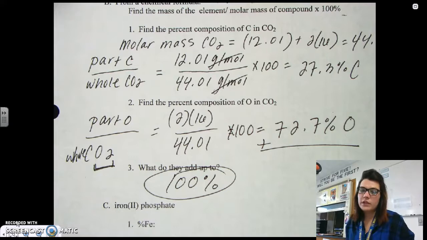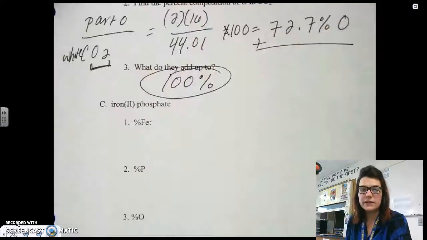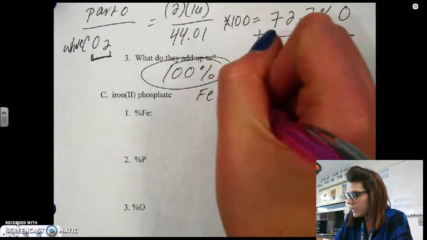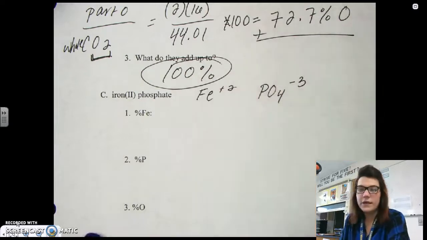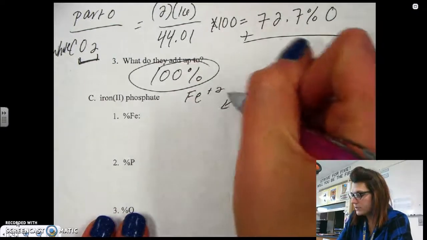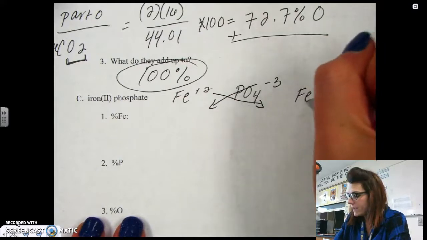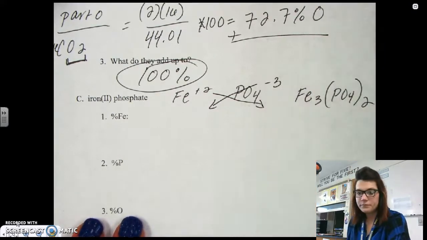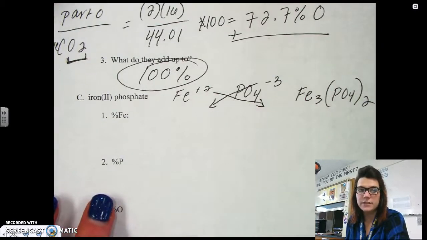Let's try another example. Iron(II) phosphate. Look at this. I don't have a formula, so I'm going to have to make one. So I have Fe2+ and PO4 3-. Charges don't cancel, so I have to crisscross. The 3 goes down to iron and the 2 goes down to phosphate. So I have Fe3(PO4)2. This is a little bit bigger here, so let's take a second to do this guy.